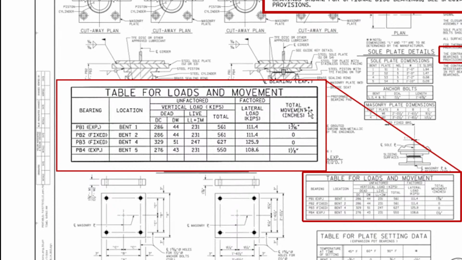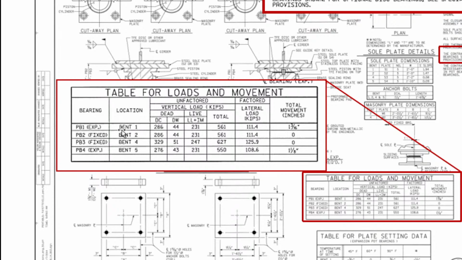Total movement in inches. We have bearing 1 and 3/16, then at the bottom 1 and 1/8 inches. So it's always a good idea to present tabulated information.